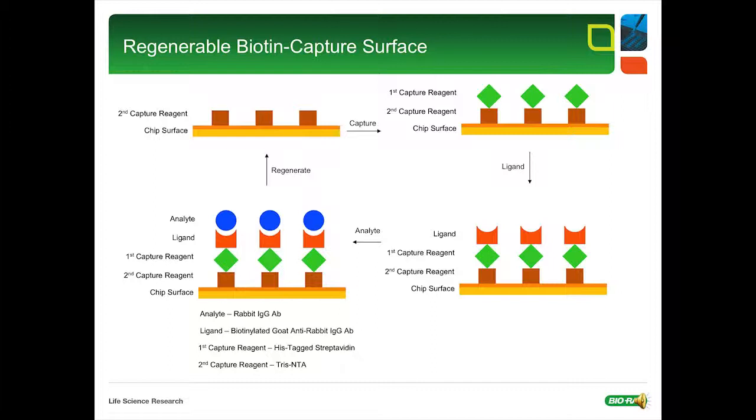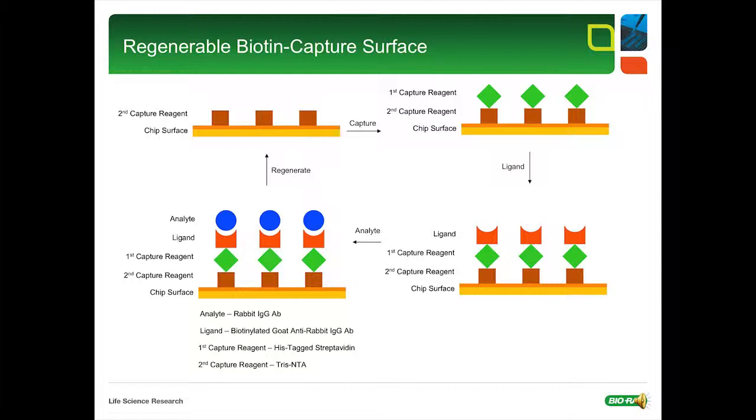But we were able to create a novel workflow to facilitate the regeneration of the chip surface so that you can immobilize different biotin-related ligands to the surface on the same sensor chip.